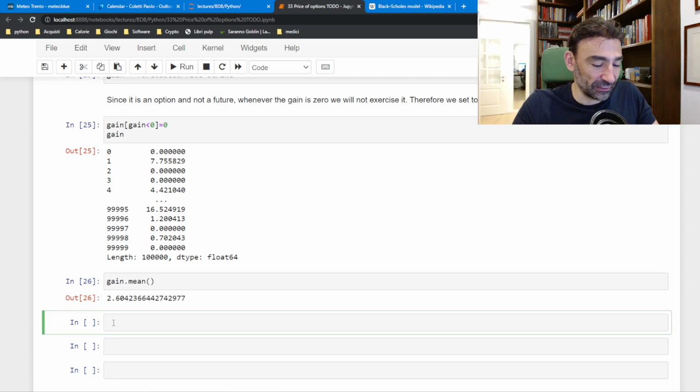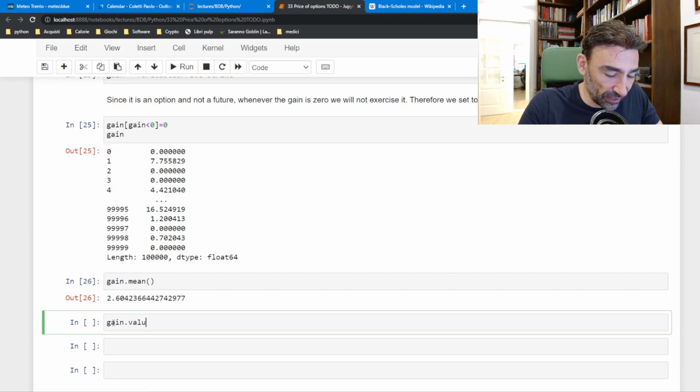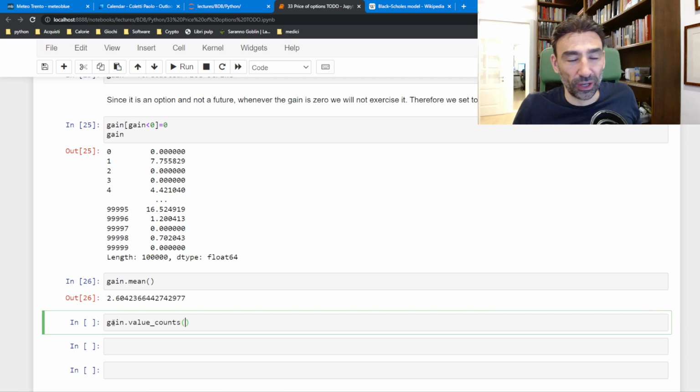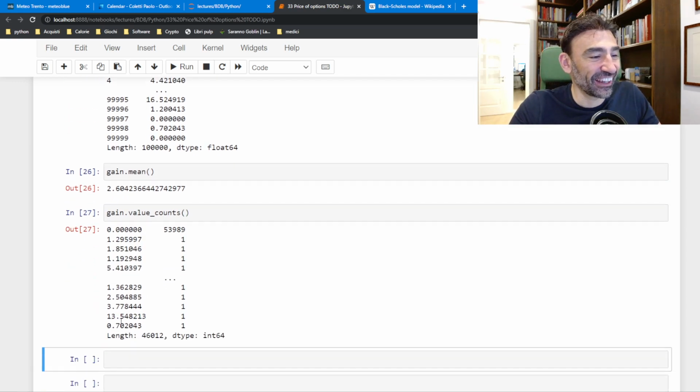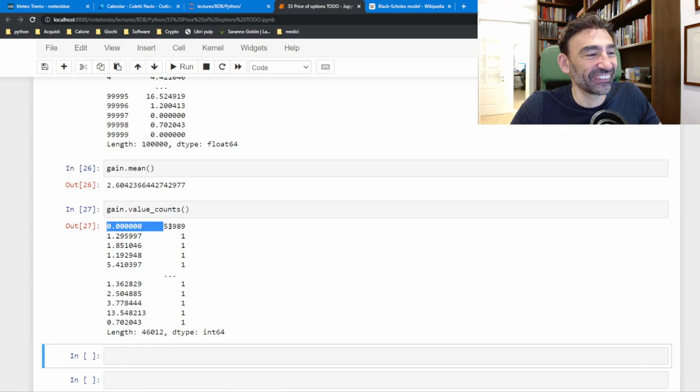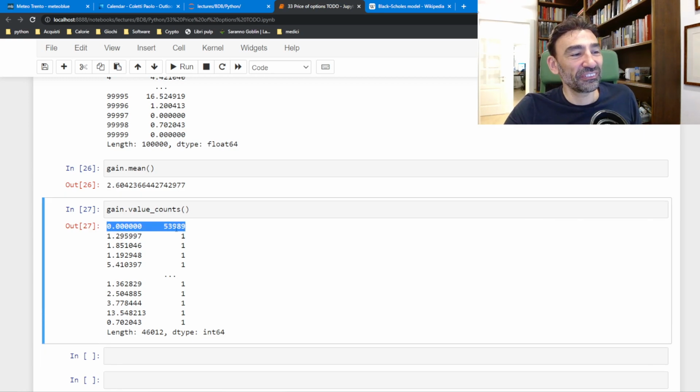So how to get an idea of the distribution? We have the wonderful method value counts. I've never understood why it's value counts and not values count, but okay, value counts simply counts how many values. So you see that you have 53,989 zeros.